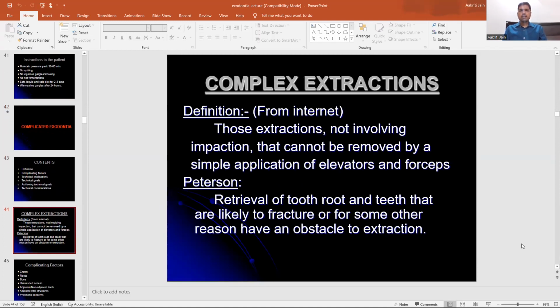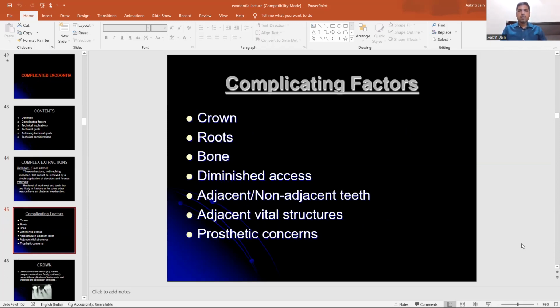Now, complex extraction means those extractions, not involving impaction, that cannot be removed by simple application of elevator and forceps. In Peterson, it says retrieval of a tooth or root, or teeth that are likely to fracture, or some other reasons that are an obstacle to extraction.